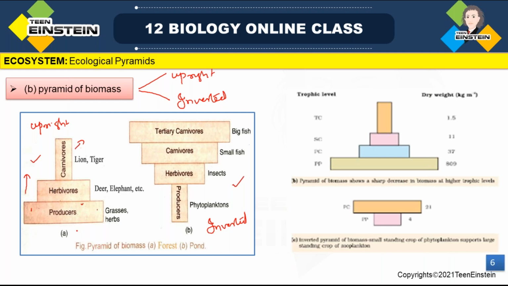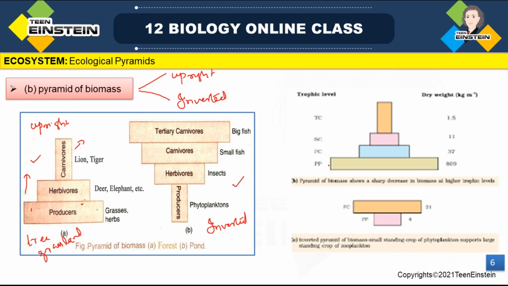So in tree and grassland ecosystems, for this upright one, at the producer level the biomass will be more, and when it is moving to the top levels, the biomass will be least. Got it?